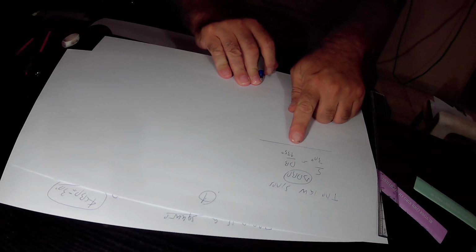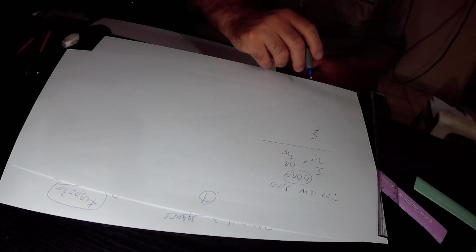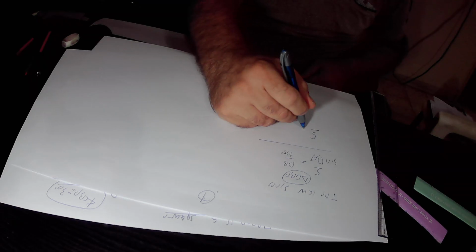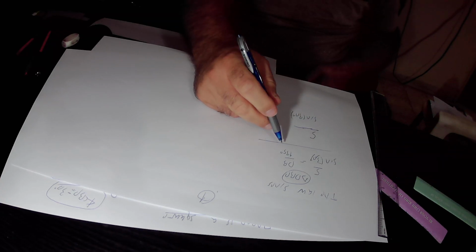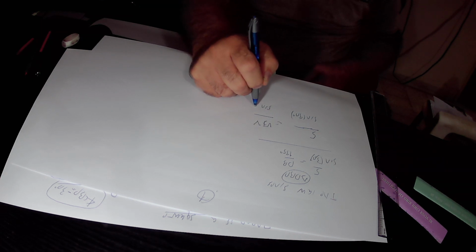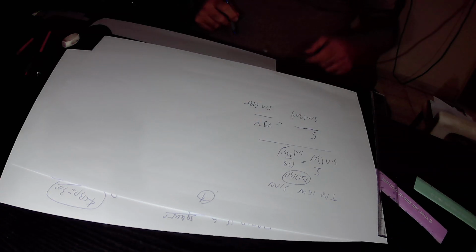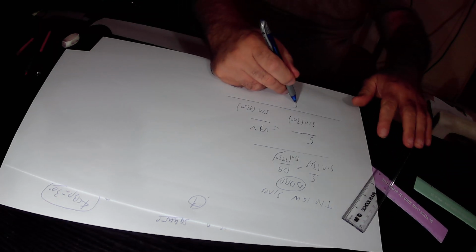So we substitute DB by square root of 2 times x and we get that 5 over sine 30 degrees equals square root of 2 times x over sine 135 degrees.